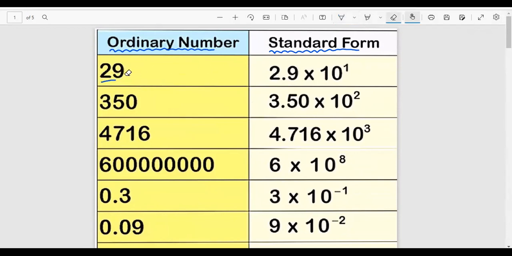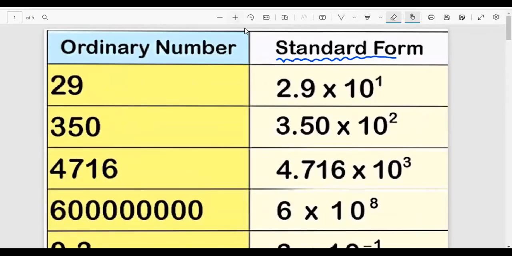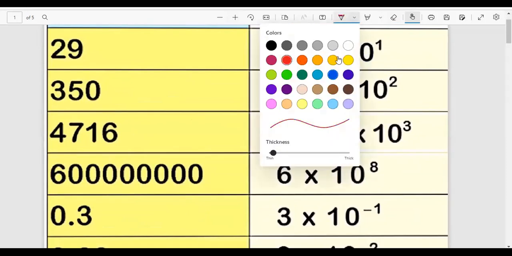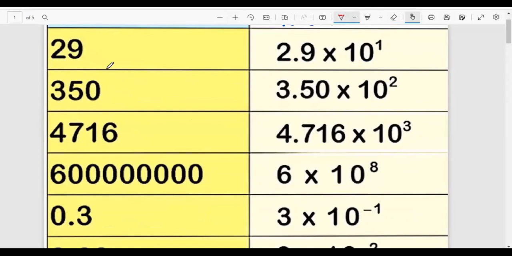All right, so let's talk about the left side of this table for now. The first thing which you need to understand is that you can't see a decimal in the first number. It's just 29. So where exactly is the decimal? The decimal is at the end of the number. If you are not able to see the decimal in a number, just know that the decimal is basically written at the end of the number.